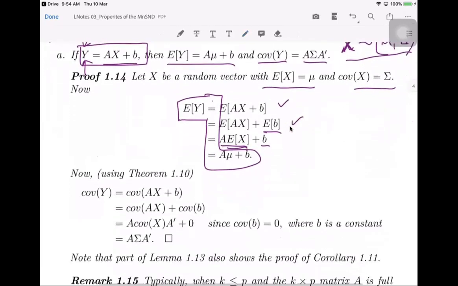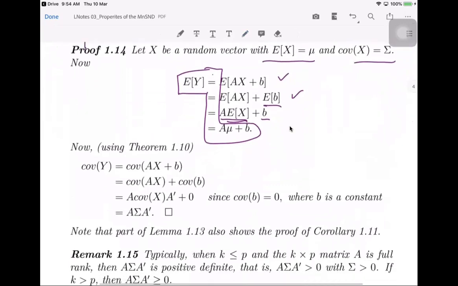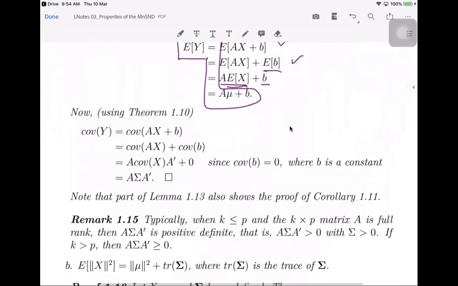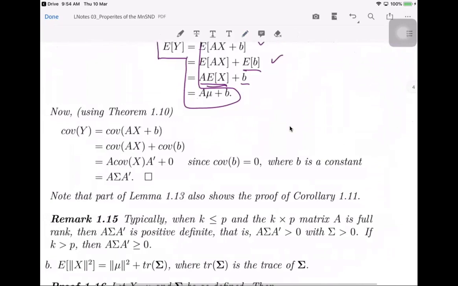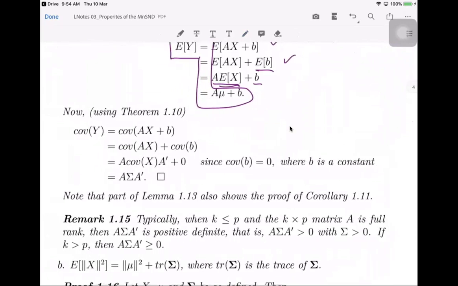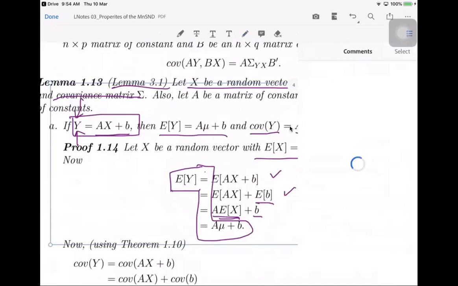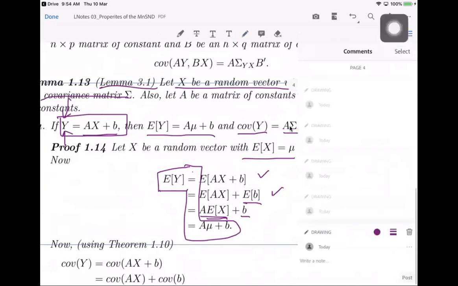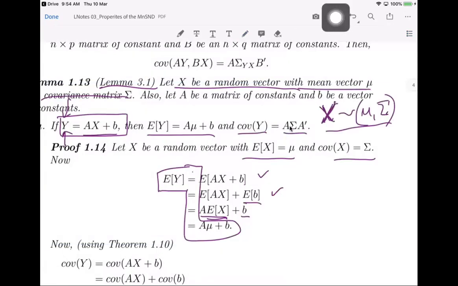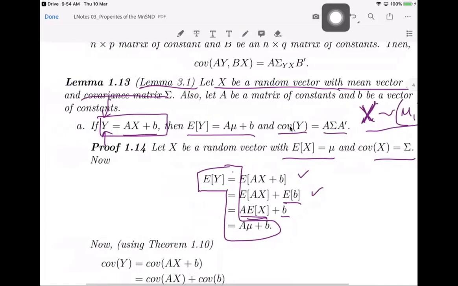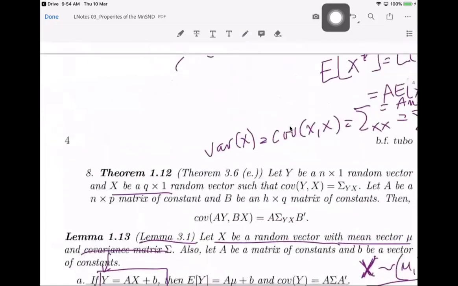And to solve for the covariance, we use theorem 1.10, the result from Rencher.